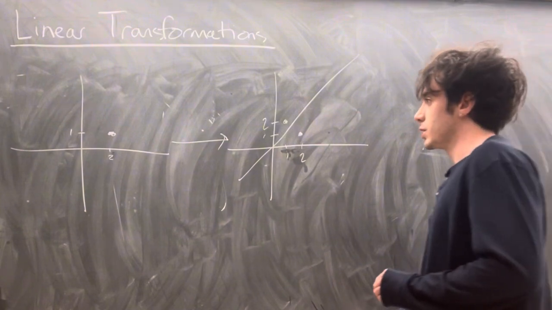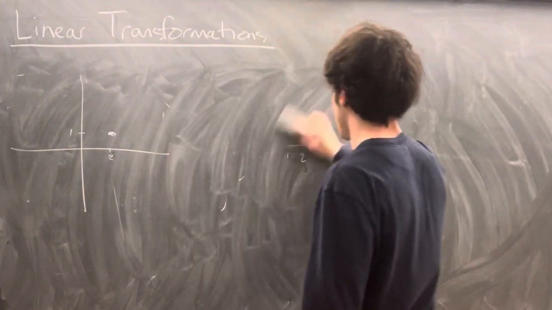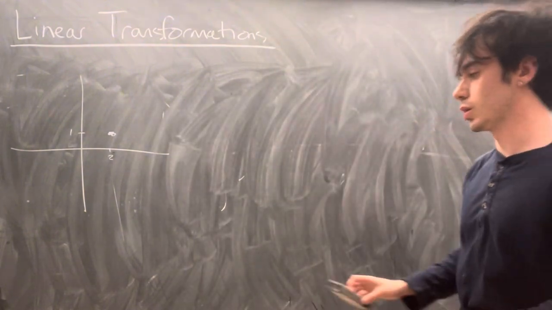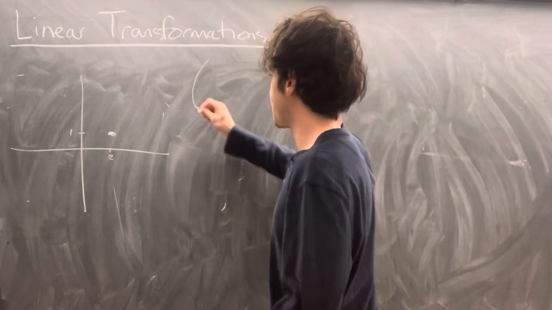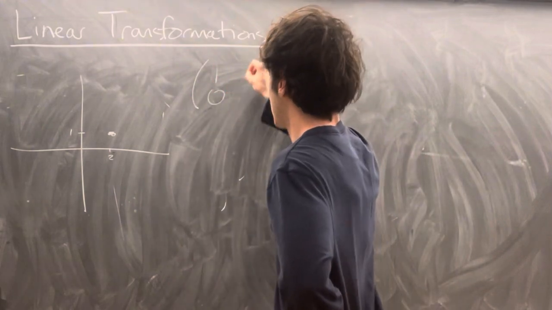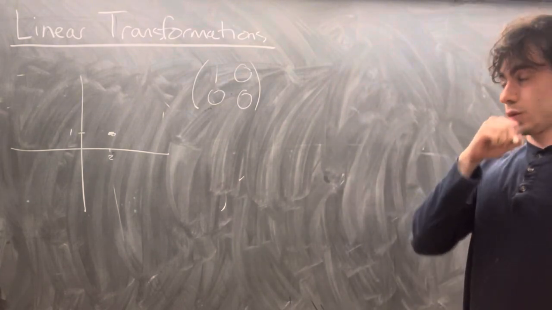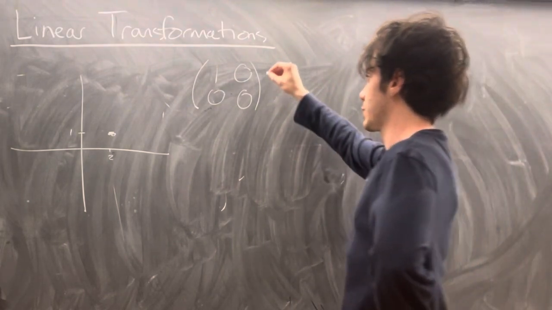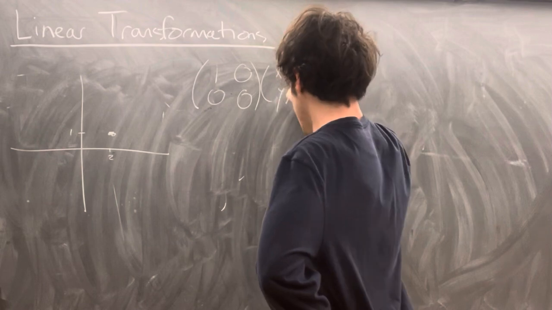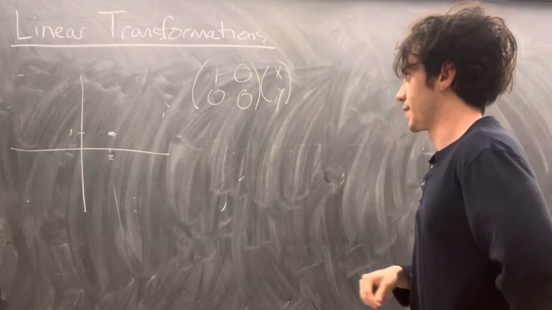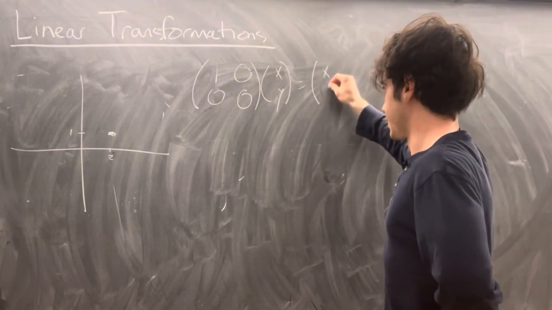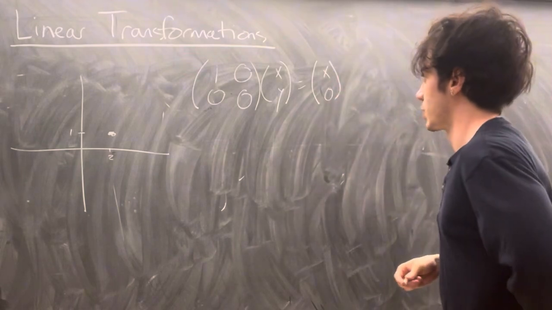Now what might happen if we take one linear transformation where, say, we have 1, 0, 0, 0. Now if we multiply any vector x, y by this, then we're just going to get the x value, and then a 0 for y, no matter what you plug in.